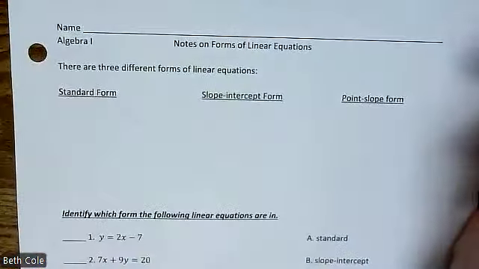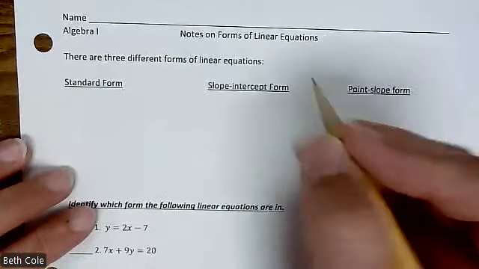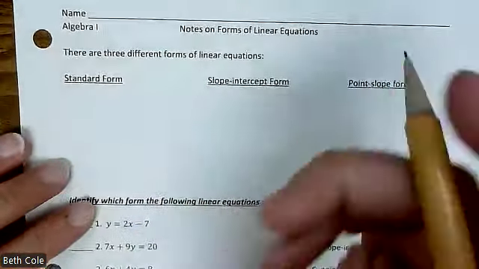All right, so now we are going to do the actual notes. And this is on your forms of linear equations. So we're just going to go over the different formats today, and then next class we'll get into graphing them. Because you have to be able to change between these three.